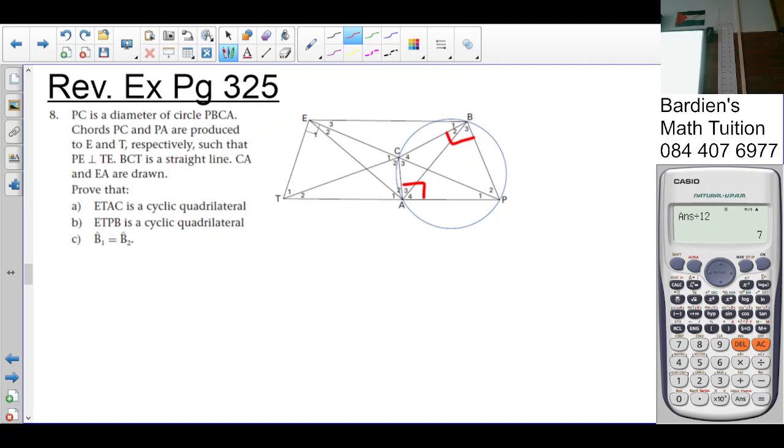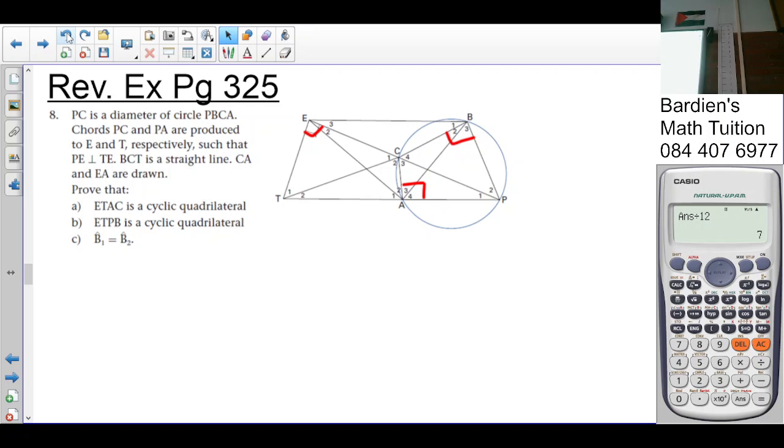So if these lines are perpendicular, what do we know? It's 90 degrees. I say, hang on. Here's 90, and there's 90. So what do we see there? Cyclic what? Not so? Then, is this not a straight line?